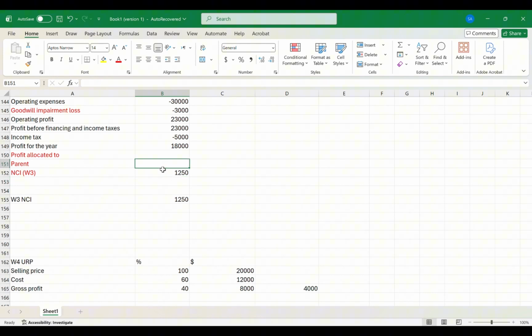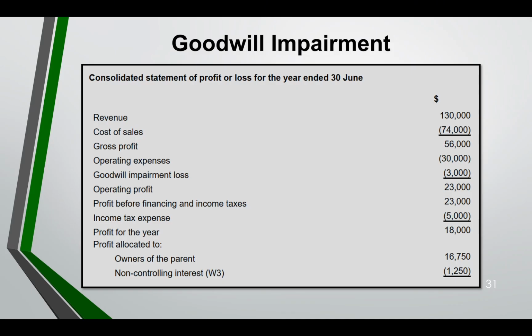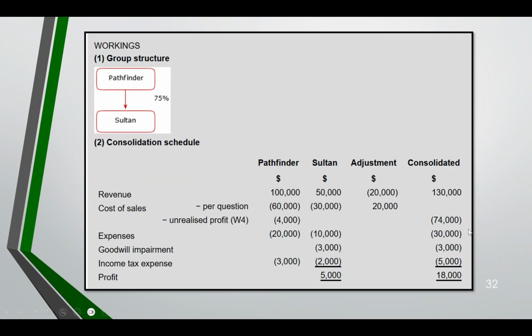Okay, so if you want to get for the parent, it's the balancing figure, this minus this, that's it. So this is the solution for activity 1, where we have worked out on the impairment loss and NCI, and this is the balancing figure which we have got out of this, right?